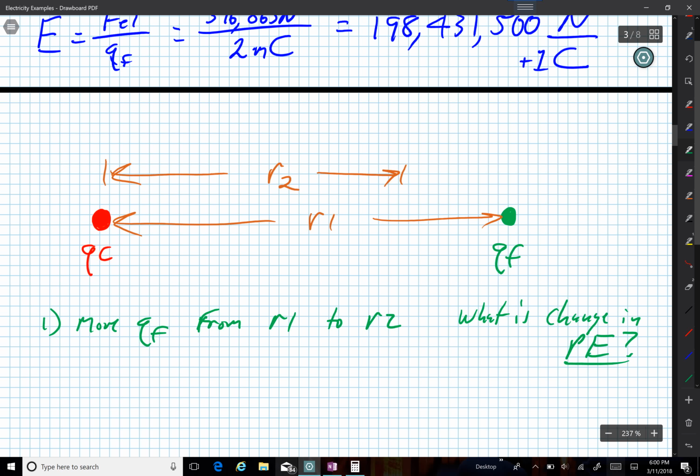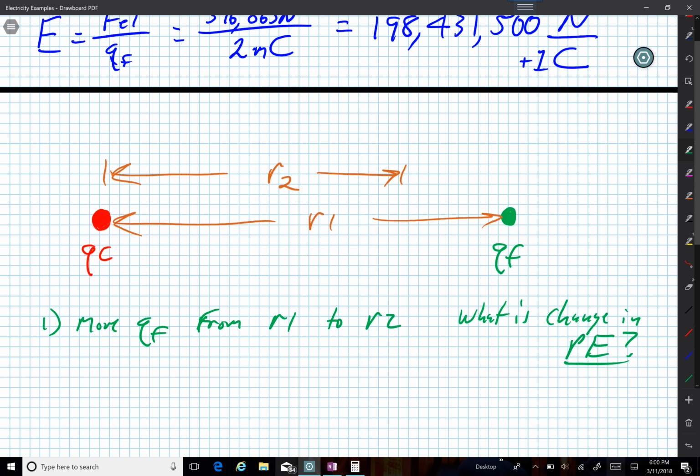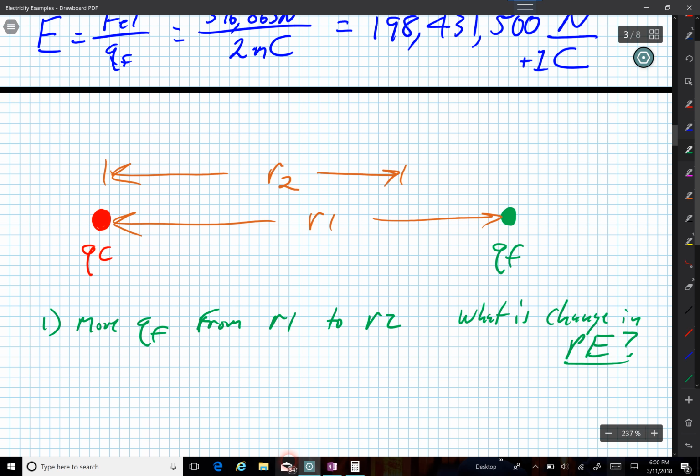What's the change in the potential energy if I move QF from R1 to R2? Okay, so let's put some numbers in here.